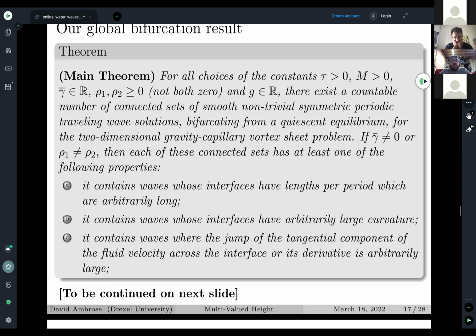As is usual in global bifurcation theorems, you end up with a list of possible ways that your curve might end. Your curve of solutions might end because you have interfaces with arbitrarily long lengths. So the length could go to infinity, the curvature could go to infinity, or gamma, which is the jump of the tangential component of fluid velocity, or its derivative could go to infinity.